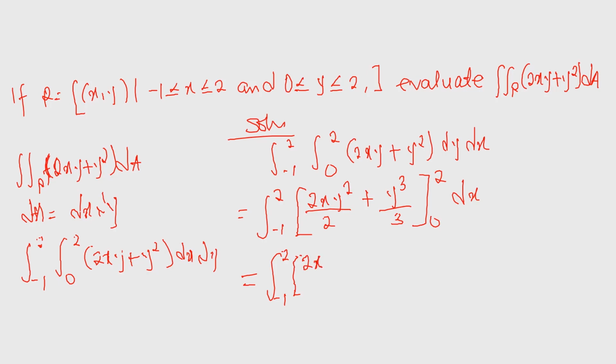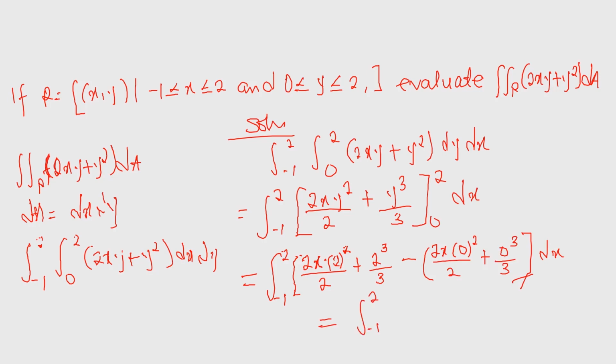Instead of writing y, we write 2: 2x times 2 squared over 2 plus 2 raised to the power of 3 over 3, then minus the lower boundary, which is 2x times 0 squared over 2 plus 0 cubed over 3. That leaves us with the integral of 4x plus 8 over 3 dx.